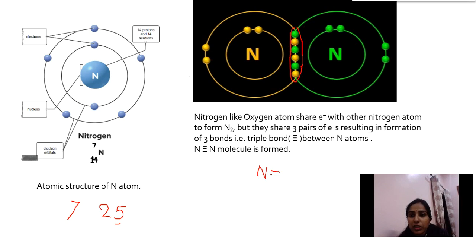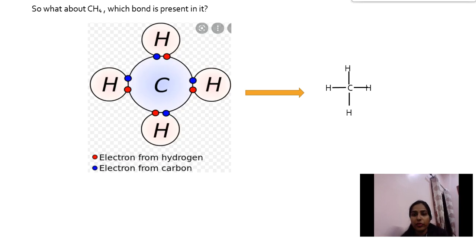That means 3 bonds are formed between the 2 nitrogen atoms, and this bond is called the triple bond. So what about CH4 or methane? Which bond is present?